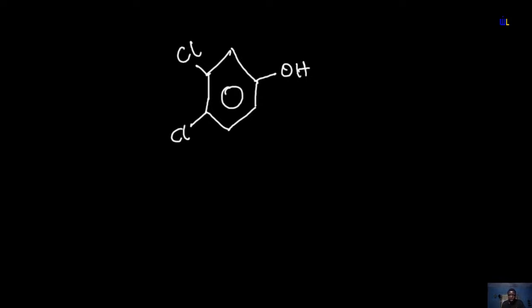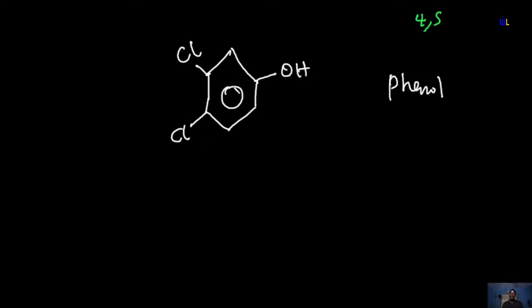Okay, so let's look at the screen. So we have 3,4-dichlorophenol. Anyako said yes. So we are correct. Let's look at this structure. We all agree that it is a phenol, and we are going to be counting from one side. If you count clockwise, you have 4 and 5.